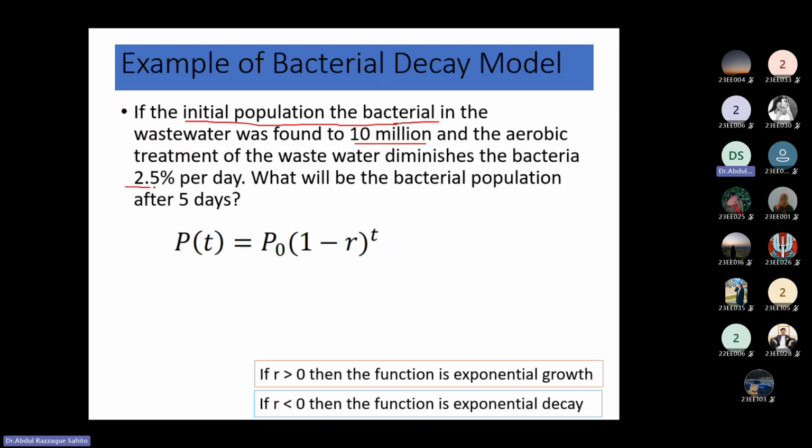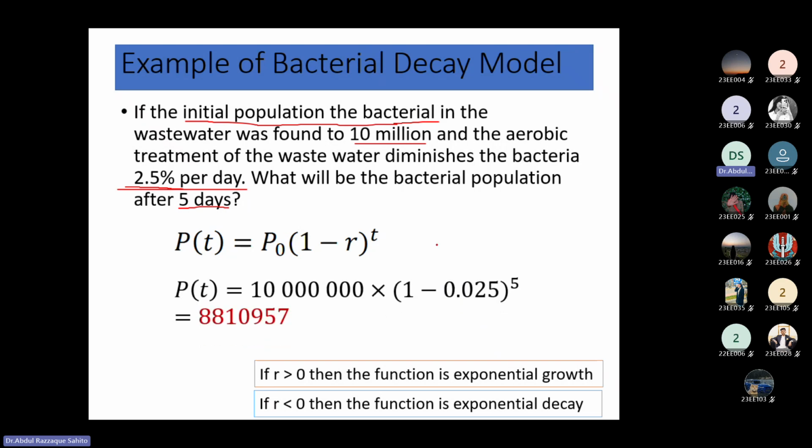The rate at which it is decreasing is quite quick, 2.5%, and the question is what will be the population after 5 days. So P naught is 10 million, that is 10 to the power 6, the initial population of the bacteria.